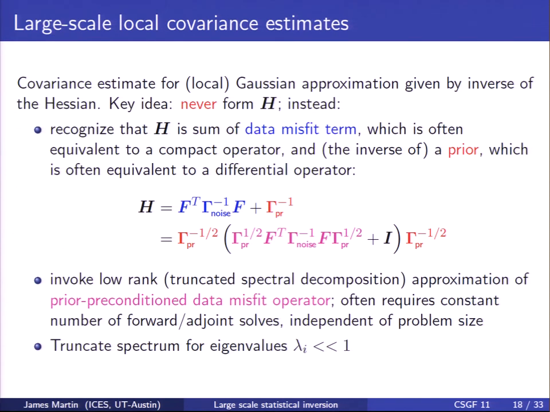There's one more thing we can do, though. We can actually recognize that the Hessian is the sum of two terms. There's a data misfit term, which describes the information coming in from the seismometer data, that is the Hessian vector product just described, as well as a term coming from the prior.